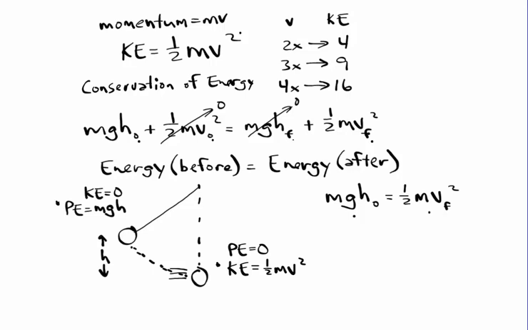Now when you go to do the math of this, I'll do an example. Let's say we dropped it from 5 meters up. We raised this thing all the way up 5 meters vertically, and we want to know how fast it's going to go at the bottom. Well, one of the things I can see is that mass is on both sides, and it's going to cancel. And if I plug numbers in, g is 9.8 meters per second squared. The height I just said was 5 meters, and that equals 1/2 v final squared.